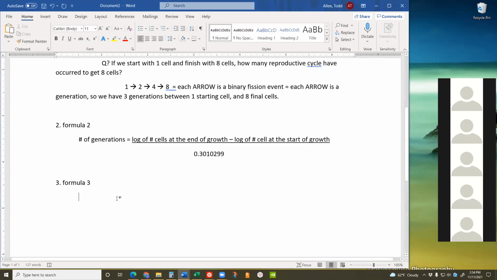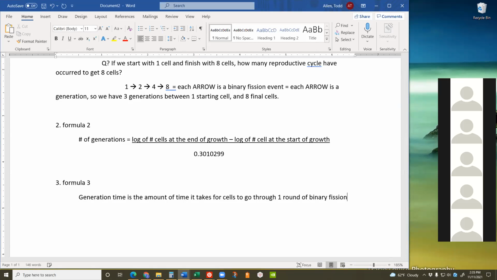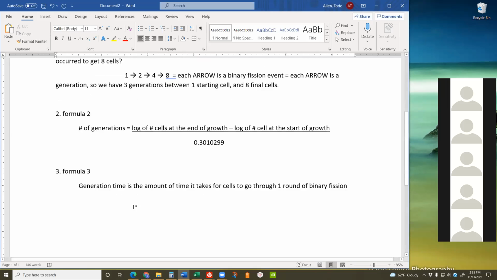So formula number 3 is about calculating the generation time. First off, generation time is the amount of time it takes for a population of cells to go through one round of reproduction, one round of binary fission. With certain information, you can actually calculate this.